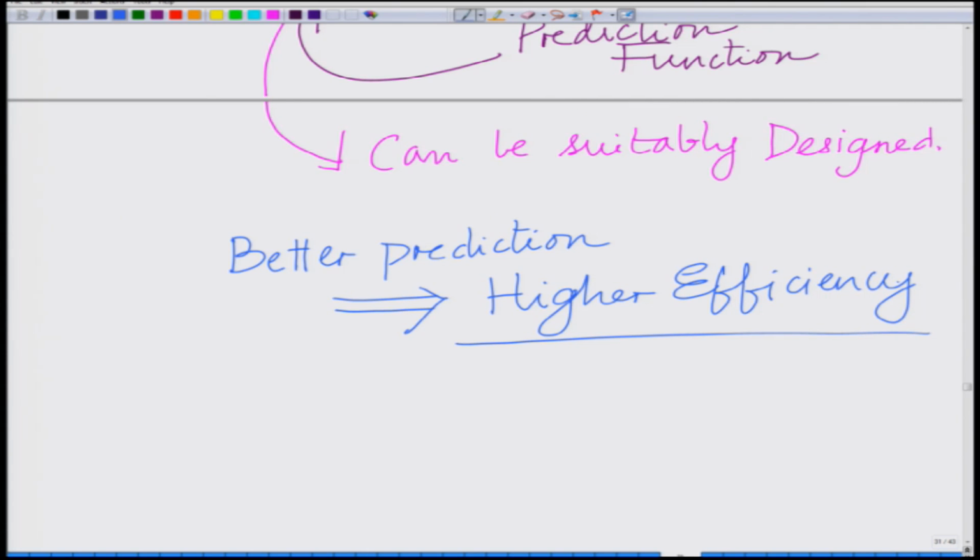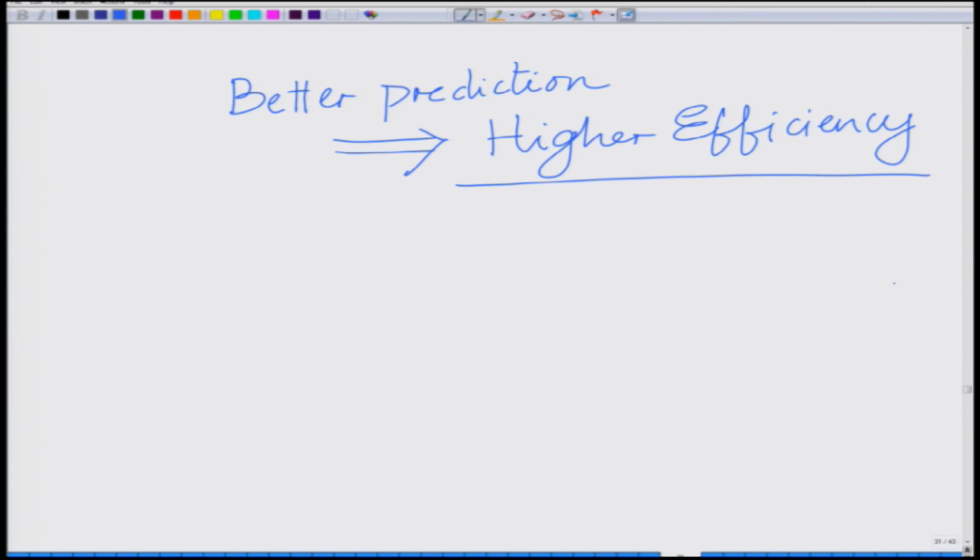Now, how do we use this prediction in DPCM? In differential pulse coded modulation, we have the signal sample m[n].